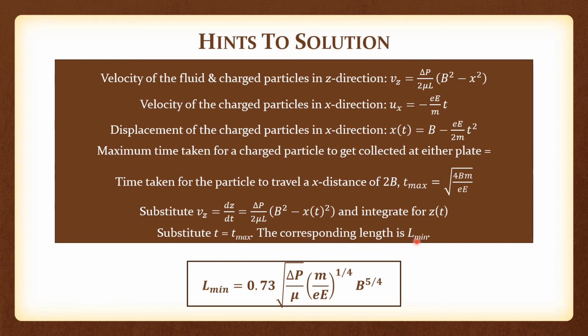Okay, so this is the minimum length needed to collect all the charged particles that enter the region between the two parallel plates, provided that the flow is laminar and provided that the charged particles are much smaller than the fluid particles, to the point that their movement under the influence of the electric field can be decoupled from their movement along with the fluid particles that they are associated with.